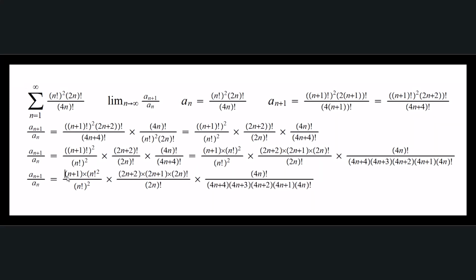First, there's an extra bracket here, sorry, and then we should have this. And then you can see that we can cancel these two here. These guys cancel and these cancel. So after they all cancel, what we get is this.